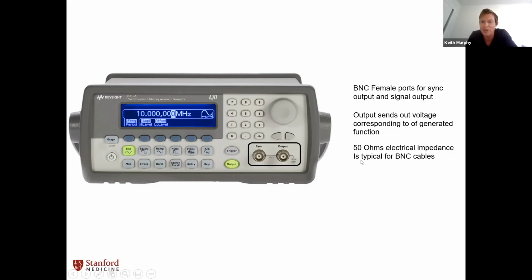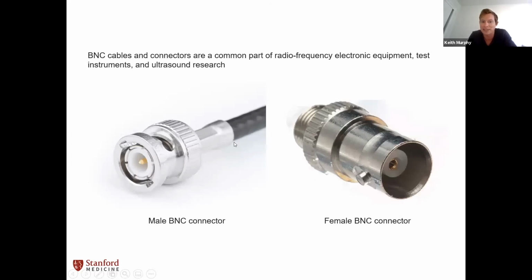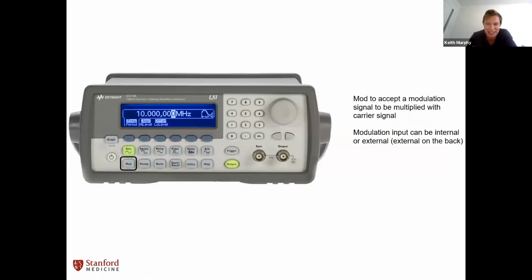It's also worth noting, and we're going to get to this in a bit, that the source of your center frequency or your waveforms is usually operating with a 50 ohm electrical impedance, and these cables where you might connect devices are also at 50 ohms. You always want to check the electrical impedance of your system, because you're going to get something called an electrical impedance mismatch. It's a lot like our acoustic impedance mismatch, and I think that's coming up in a minute.